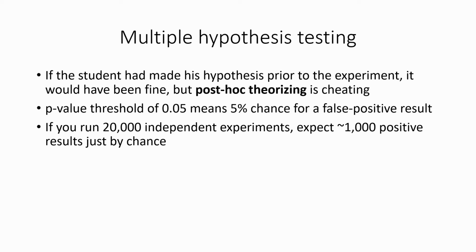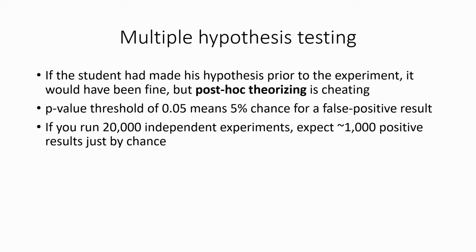If the student had made his hypothesis prior to the experiment, it would have been fine. So if before seeing any of the results he had thought about this gene and decided that this gene was a particular suspect, then no problem. You could just go and run the analysis, execute this t-test, derive a p-value and see, okay, it's below 0.05, we reject the hypothesis, it's fine. But the problem here is that the student actually looked at the data and only then decided what to test.